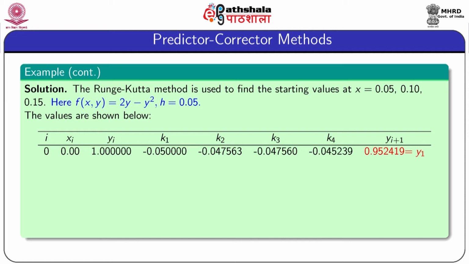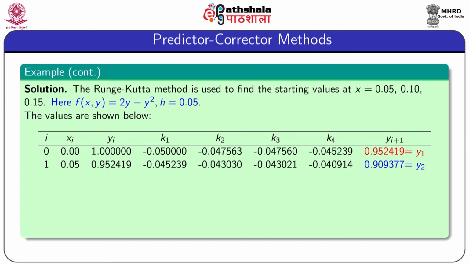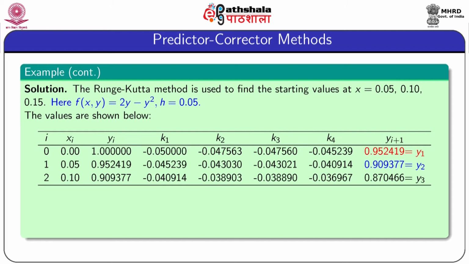So this is the first starting value. Similarly, we use the same formula, fourth order Runge-Kutta method, to find the second starting value y2, which is equal to 0.909377, and the third starting value, that means the value of y3, which is equal to 0.870466.